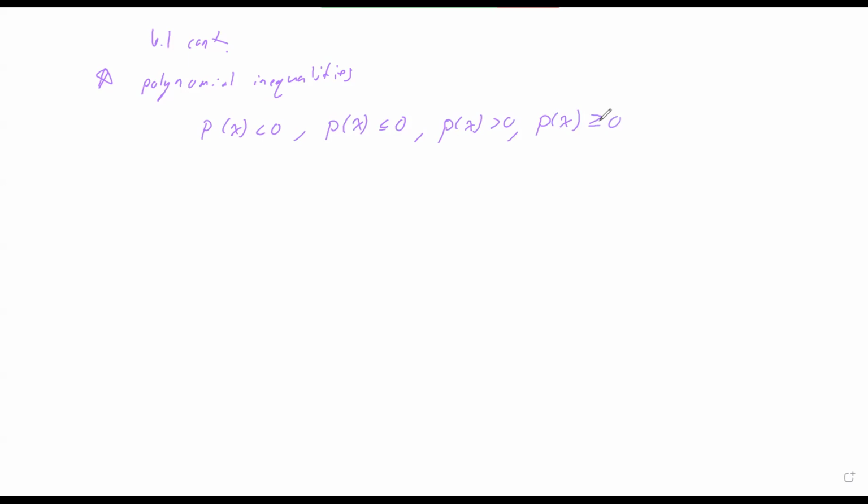When you solve for x, those are our boundary numbers, and we have to choose test numbers between those zeros to figure out what the graph is doing. Is it above the x-axis or below the x-axis?